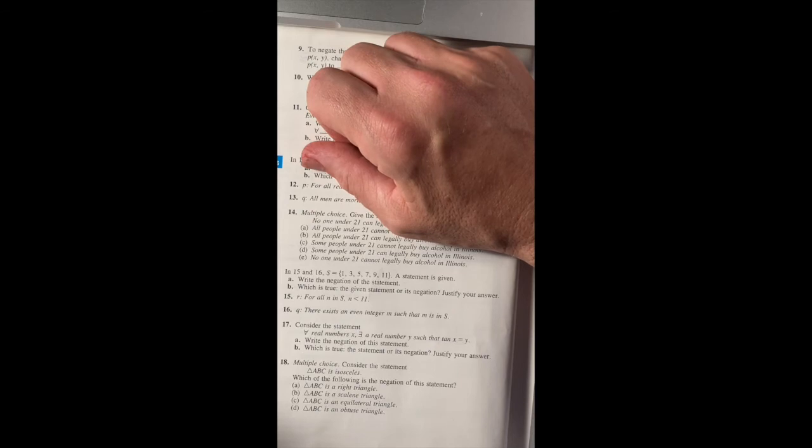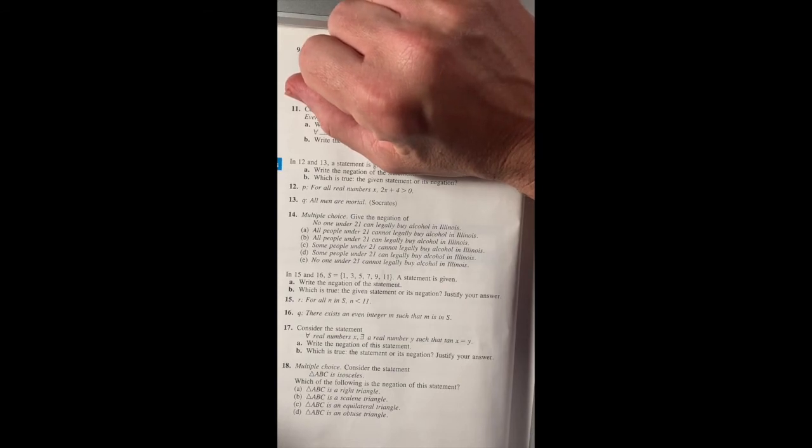Let's see, 18, multiple choice. Consider the statement triangle ABC is isosceles. Which of the following is the negation of this statement? The negation would be triangle ABC is not isosceles. Isosceles means it has two sides that are the same. Right triangle has to do with angles.